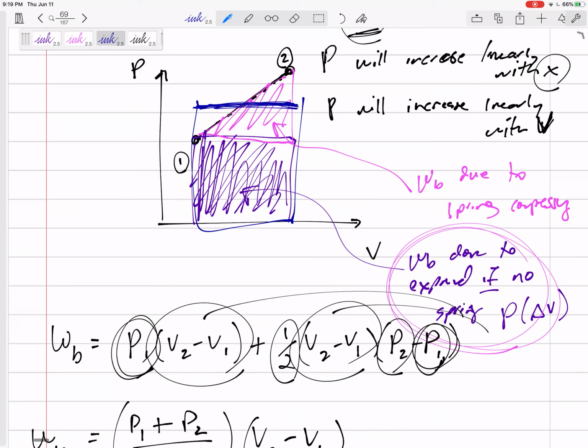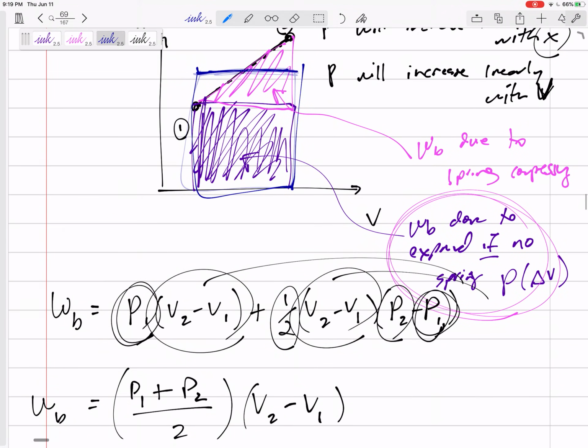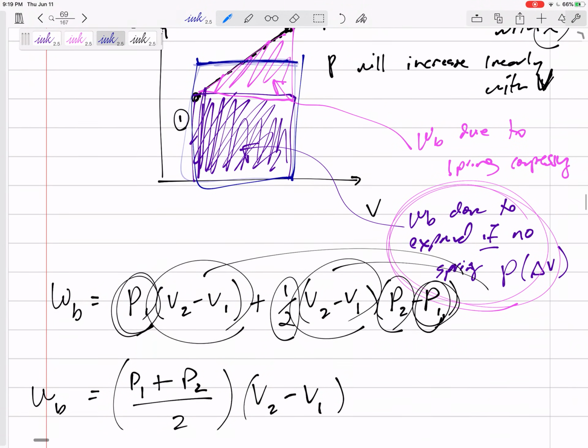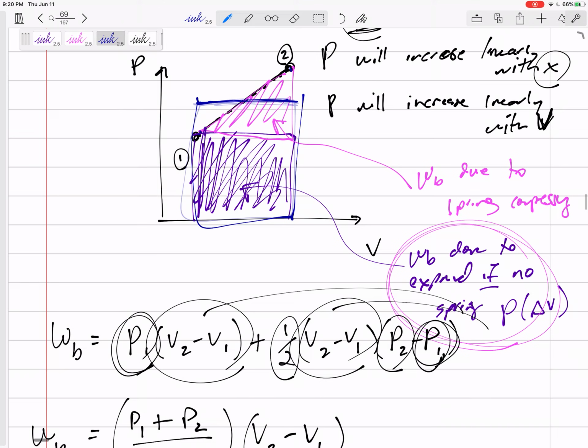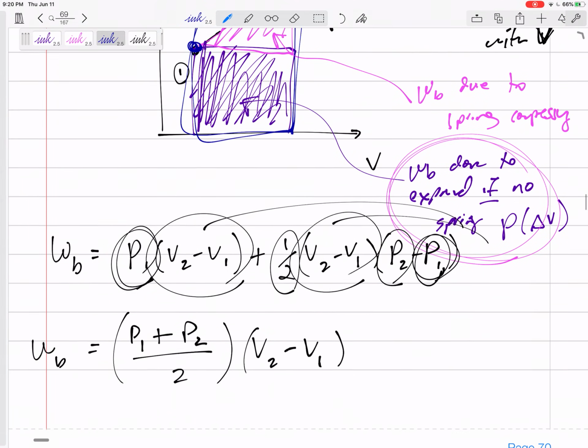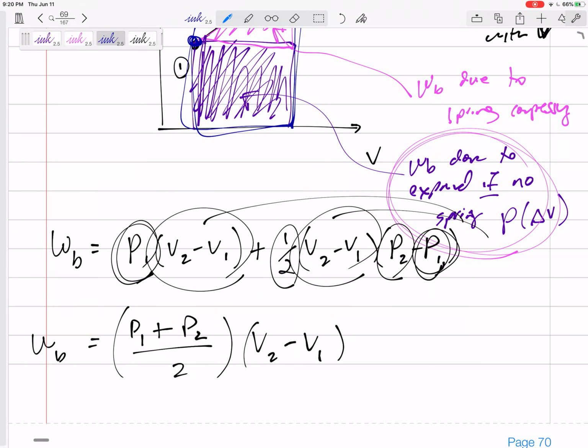What if we take this as a trapezoid? The area of this rectangle would be the same as the area that we had just done. The average of P2 and P1 would be that height times the base V2 minus V1. We could figure out mathematically why that would be the case.